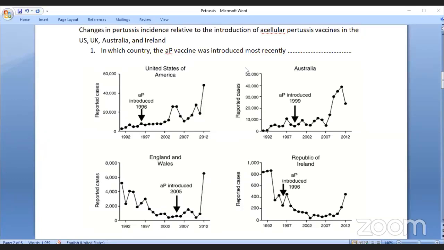So what is the answer, please? Very good, Australia. We have one answer on Facebook, Australia, and on Zoom, England. Let us see what happens.